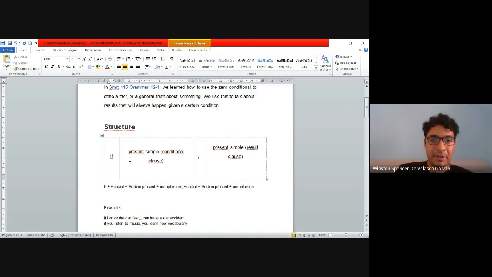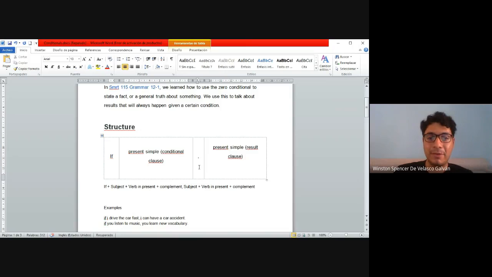After if, you need to use a sentence in simple present or present simple, which is going to work as a conditional clause, a condition. Yes? Something that is going to help us to create our sentence. After that, you need to add a comma. And right here, I'm going to be very, very specific. If you don't add the comma, the sentence is going to be wrong because this is extremely important.